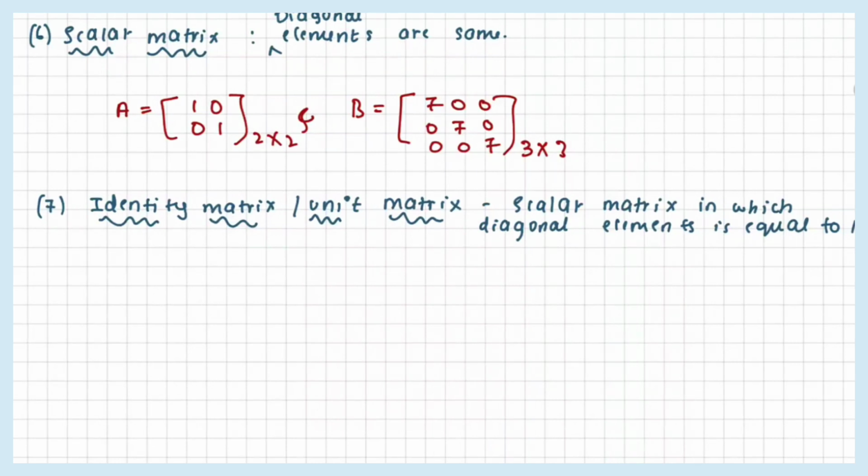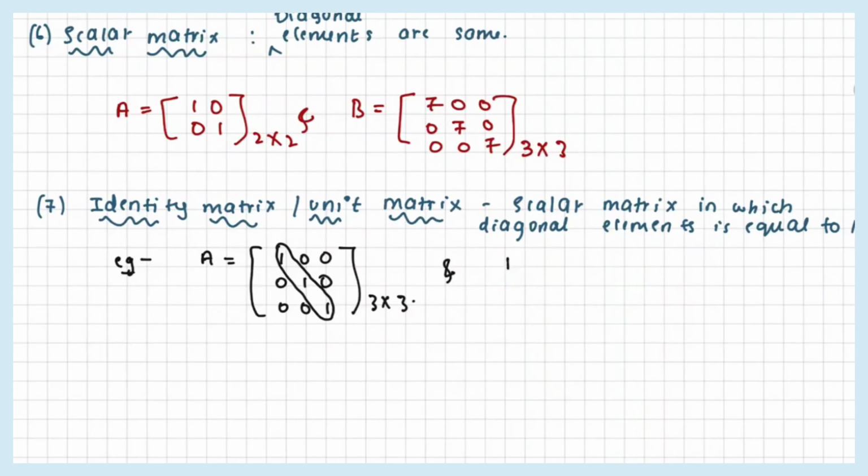For example, A is equal to 1, 0, 0, 0, 1, 0, 0, 0, 1, which is 3 into 3. It's compulsory that you have 1 here, or else it will be a scalar matrix or a diagonal matrix if it contains different numbers. Identity or unit means 1, so it must have 1, 1, 1 as diagonal elements.